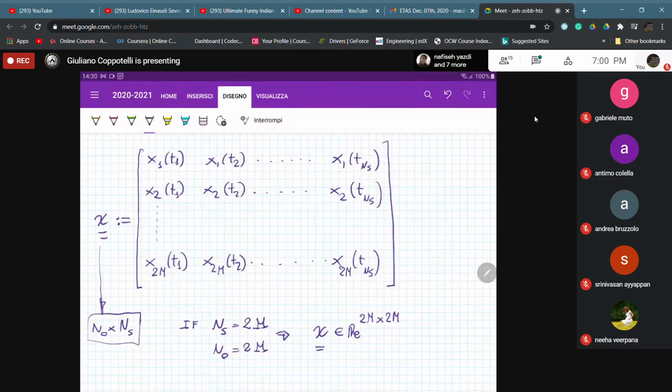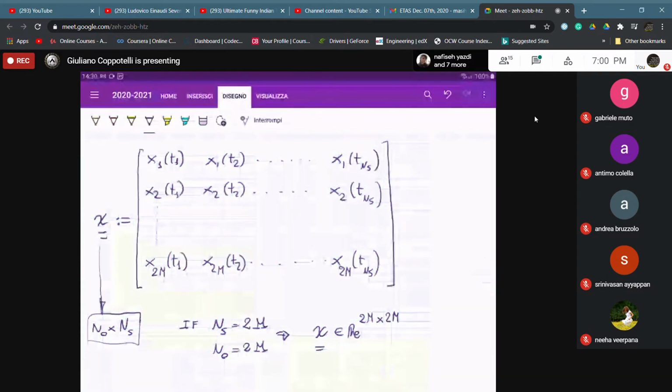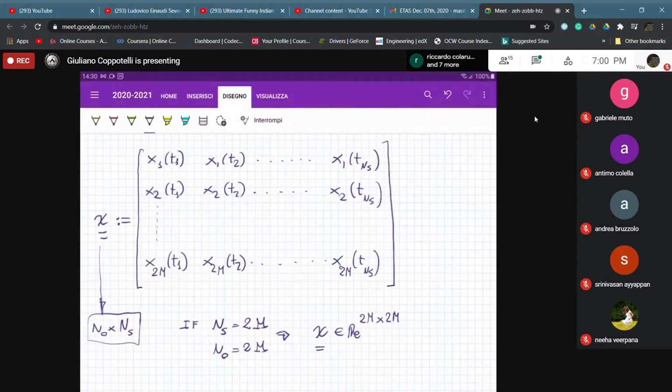So it is a square matrix. Now, from now on, I am assuming that I know this number 2m. That is the order of your system in the modal domain.